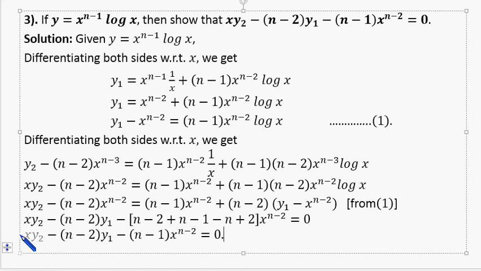So finally, x into y suffix 2 minus (n minus 2) into y suffix 1 minus (n minus 1) into x to the power of n minus 2 is equal to 0.